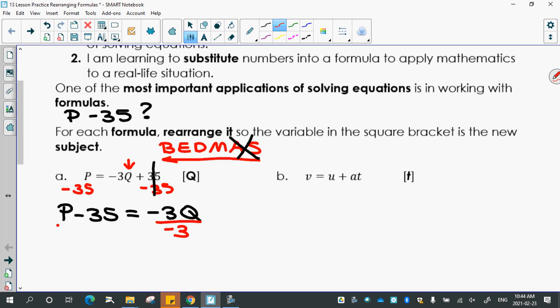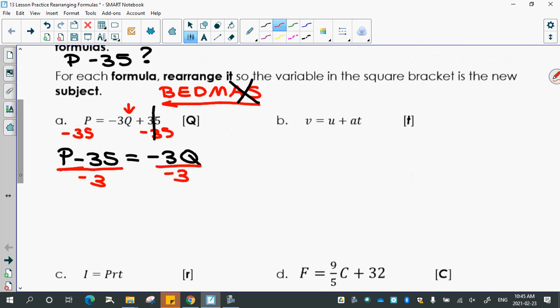So I'm going to divide this whole side. Look at how long my division bar is. By negative 3. Okay, so now the only thing left on this side is Q. And on this side, I have P minus 35 over negative 3. So I've gotten Q by itself.